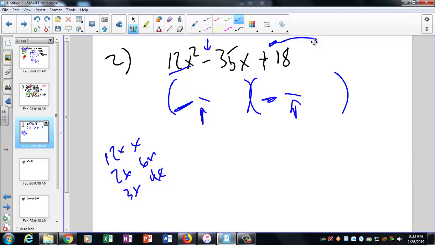Now, I choose the numbers closest together because they tend to work more often than not. Okay, please understand what I mean. I'm not guaranteeing you that that will work.